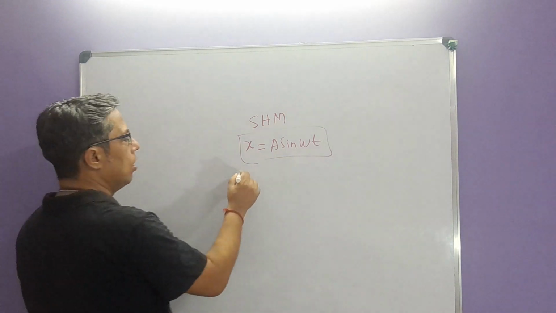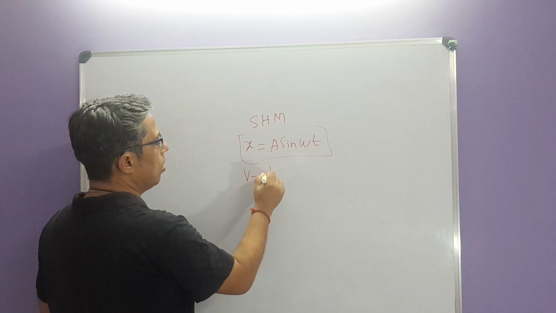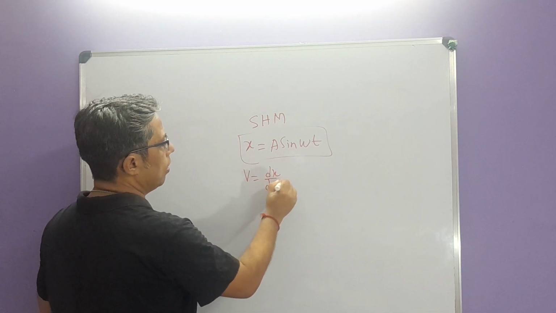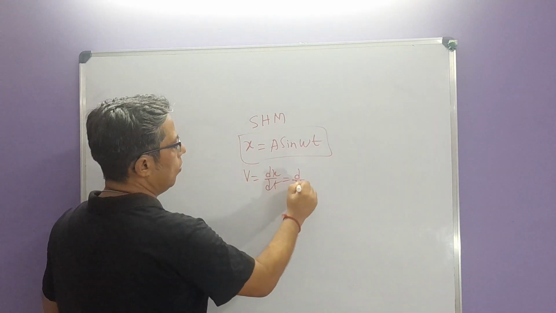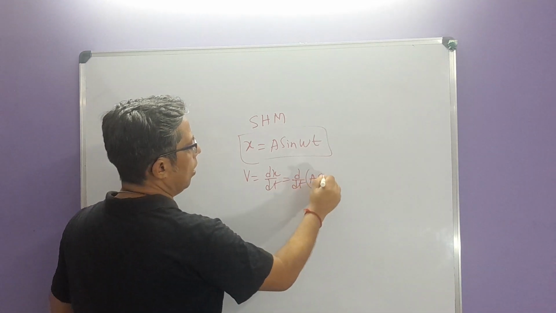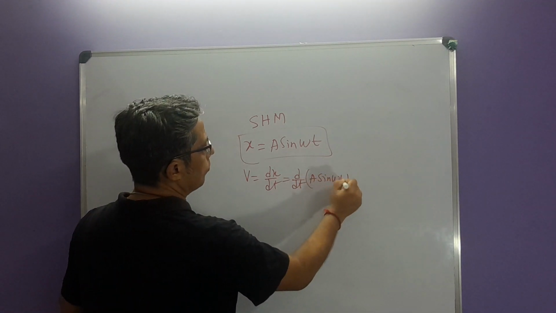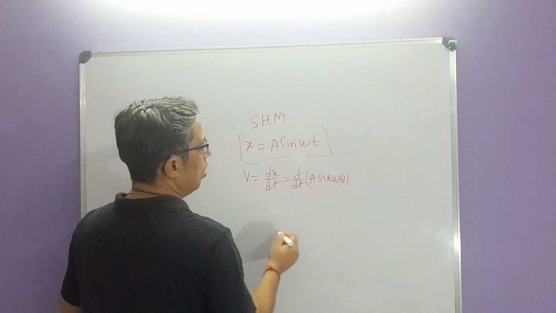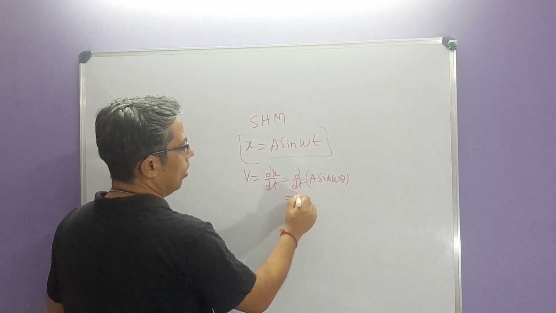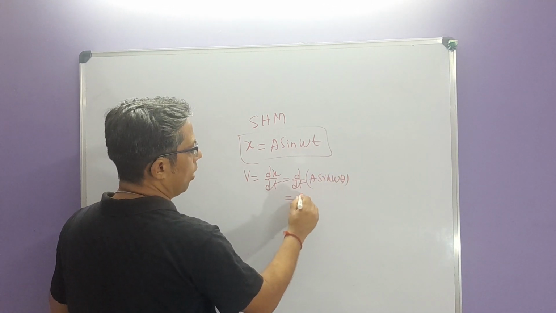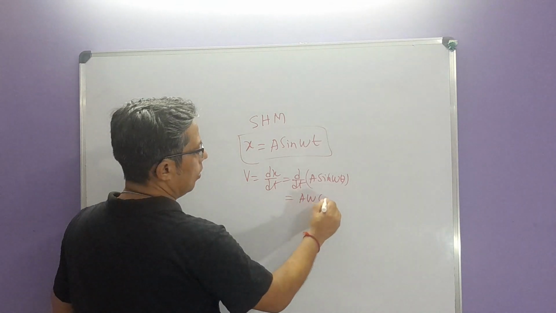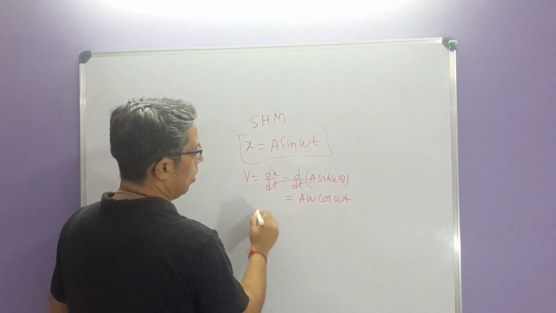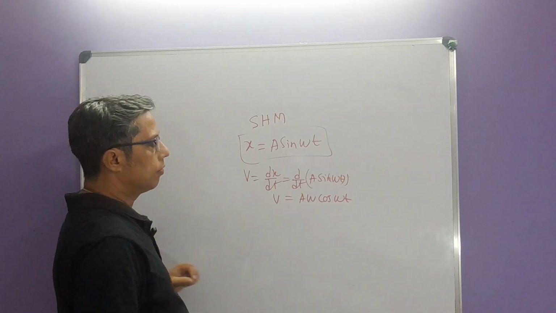So velocity will be dx/dt, that means d/dt of a sine omega t. It will come to a omega cos omega t. So this is the velocity.